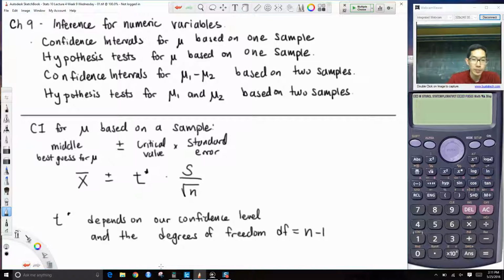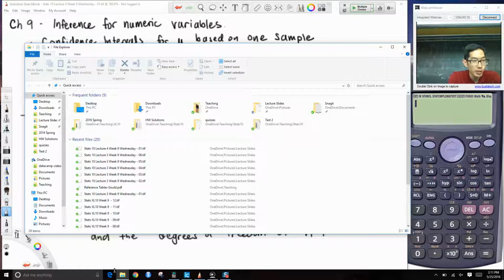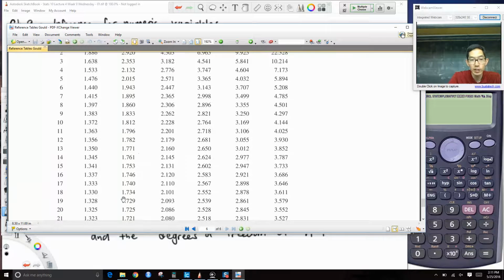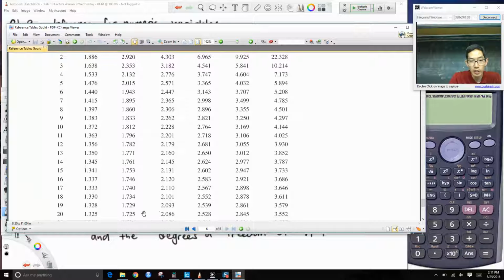Let's say we had a sample size of 21, then I would have 20 degrees of freedom. If I want a 95% confidence interval, then at 20 degrees of freedom and 95% confidence, the critical value I would use is 2.086. Let's take a look here. At 20 degrees of freedom, I'm in this row.